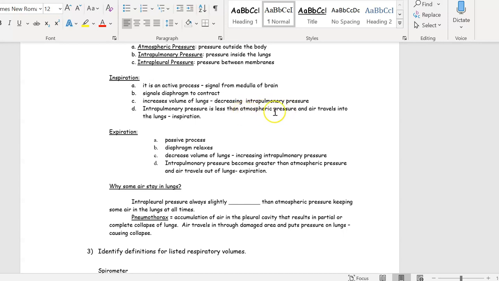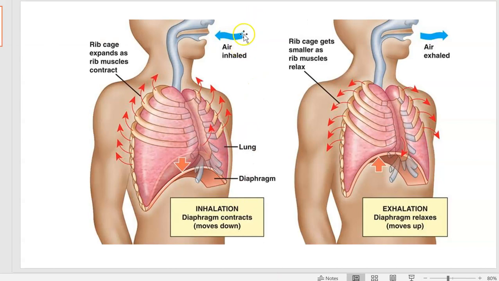Our body can't change the atmospheric pressure out here, but it can change the pressure in the lungs. So again, as the diaphragm contracts, it moves down, it increases the volume, it decreases the intrapulmonary pressure, so the pressure out here is greater than the pressure in the lungs, and air will travel in.